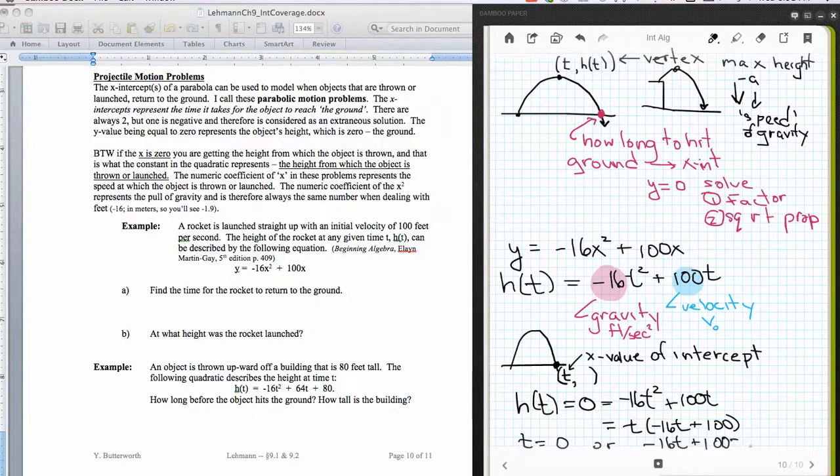The first one, t equals 0, is a no-brainer. T equals 0 is what we would call an extraneous solution, because at time 0, the object was launched at the ground, right? So t equals 0. Yes, that's what that tells us.